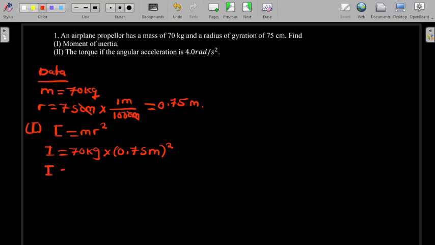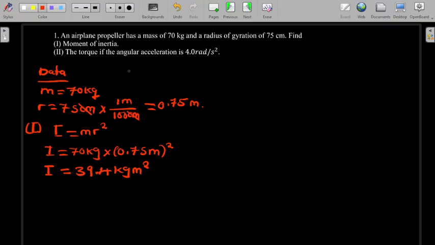So the moment of inertia will be equal to 70 times 0.75 squared. I'm getting a moment of inertia of 39.4, and the units are kg meter squared. So this becomes the moment of inertia for part 1.